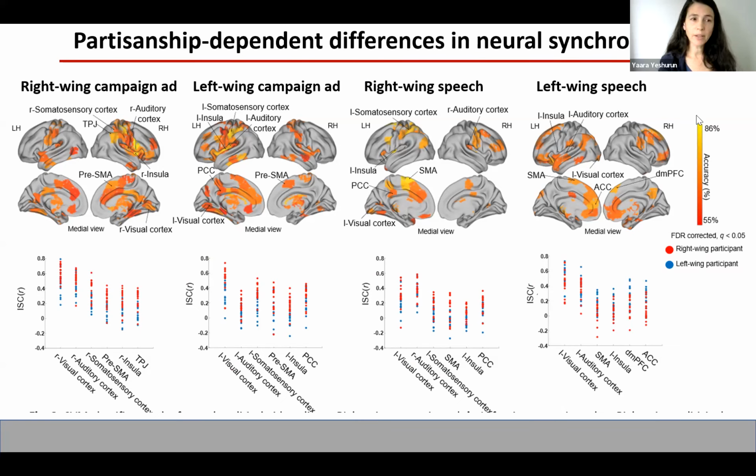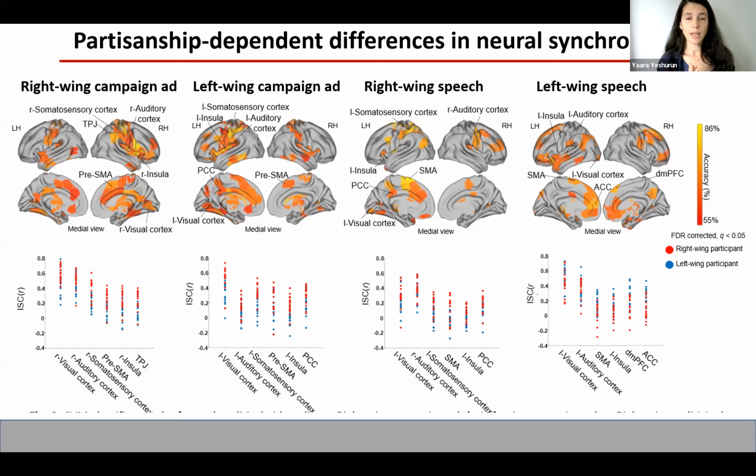And what you can see here is that in many different brain regions, including part of the default mode network, such as TPJ or posterior cingulate, but also, surprisingly, in the auditory cortex, in the visual cortex, in the premotor regions, we could classify whether a participant is left-wing or right-wing only based on their correlation of the response with the other members of their group.